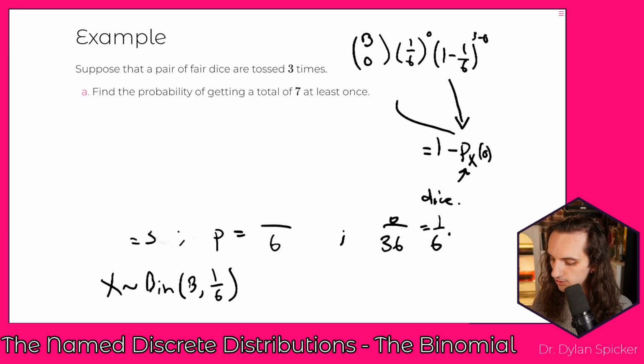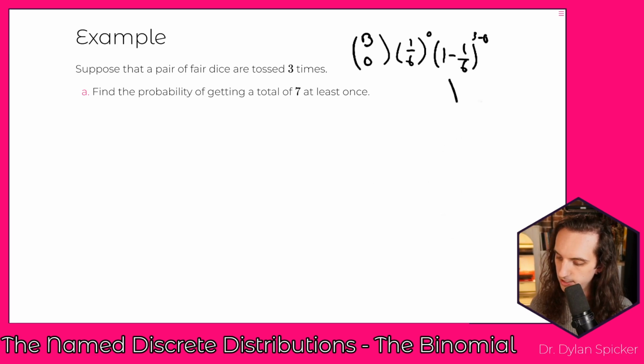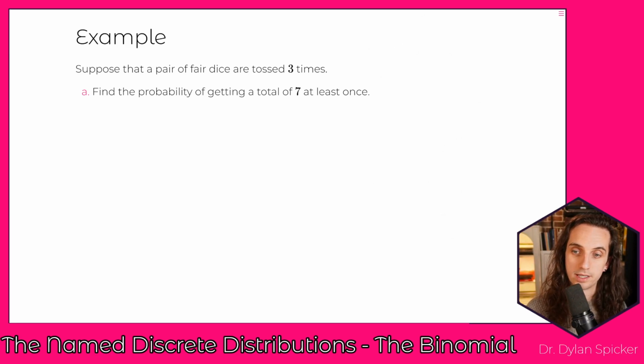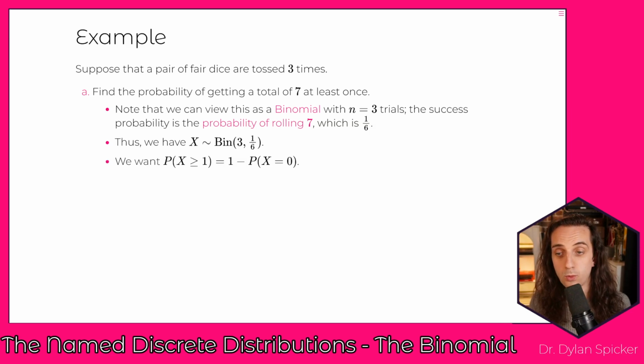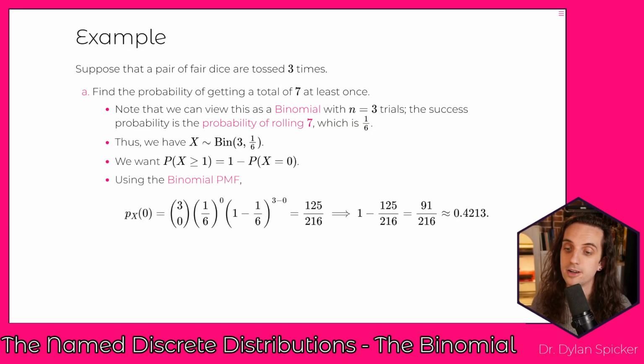So again, by noticing that this is really a binomial random variable in hiding, we can work this out fairly straightforwardly. So this is binomial with n equals 3 trials. The success probability is the probability of rolling a 7, which is 1 over 6. So therefore, X is binomial with n is 3, p is 1 over 6. We want the probability that X is greater than or equal to 1, which is 1 minus the probability that X is 0.